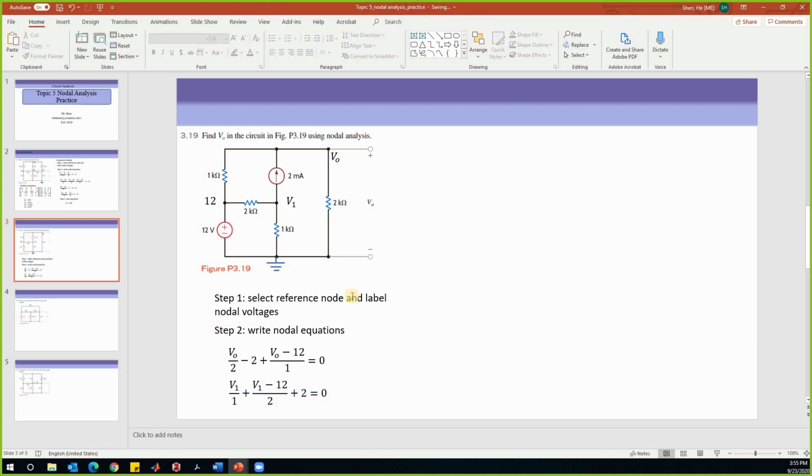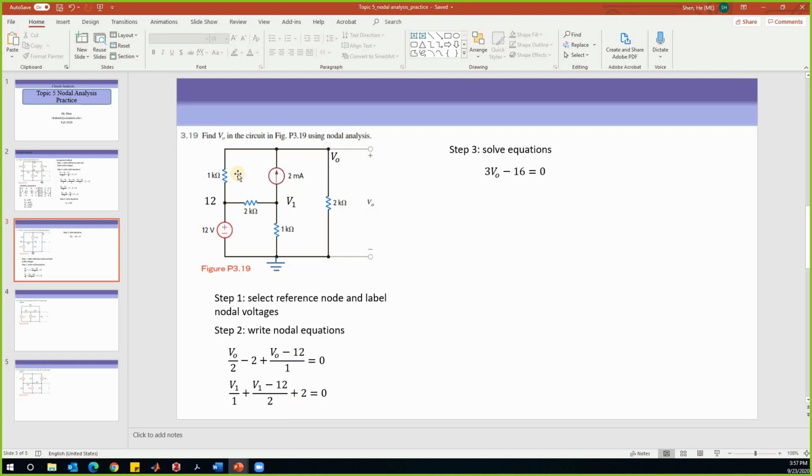Now we have everything, so step 3 is to solve the equations. We simplify the 2 equations. For the first equation, I will multiply by 2 on both sides, so I have 3VO minus 4 minus 12, that is minus 16, equal to 0. You notice that if we are looking for VO in this problem, I can already solve it directly from here.